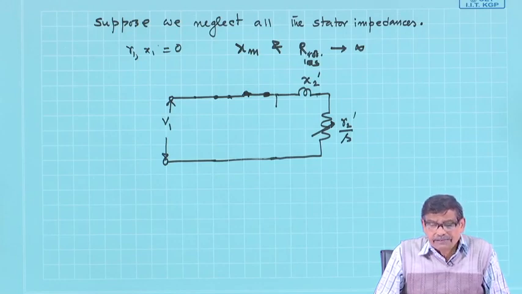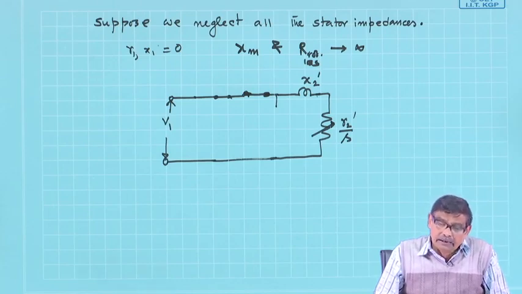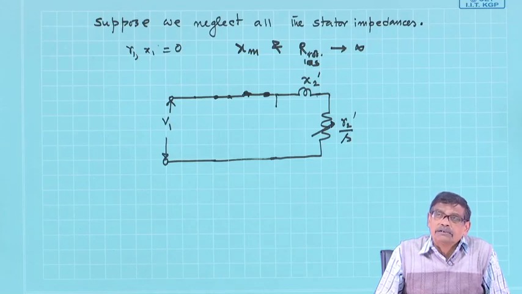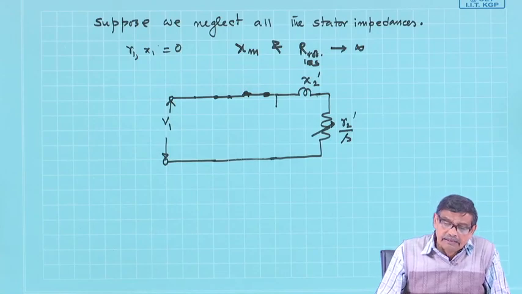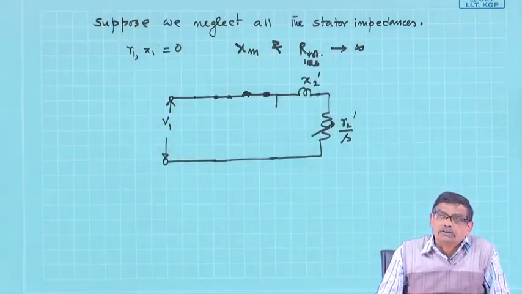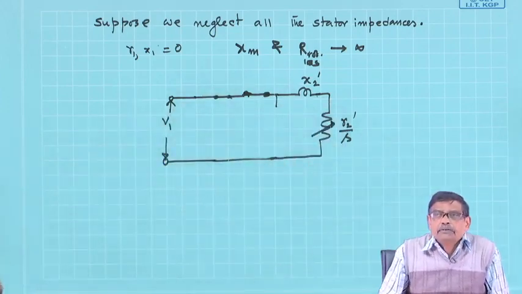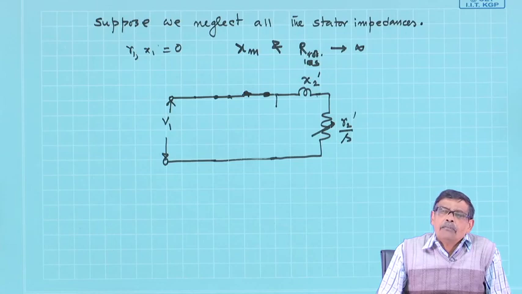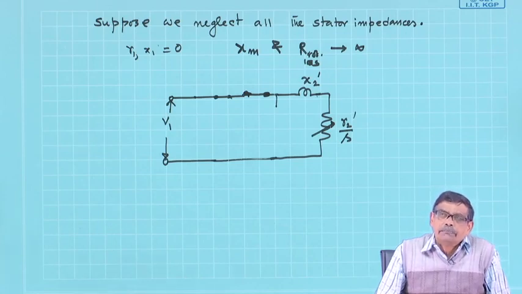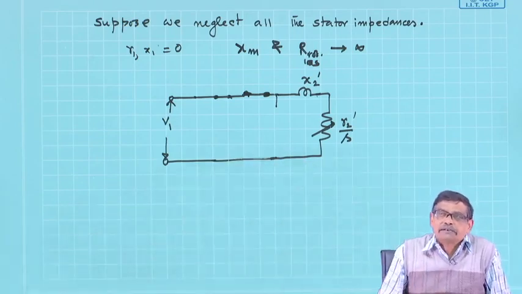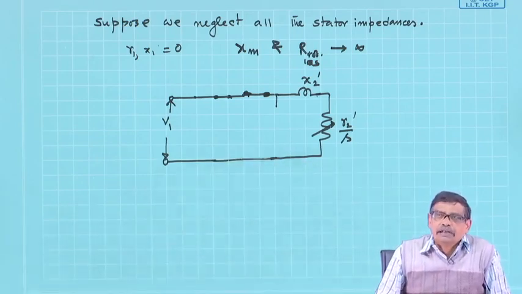Similarly, try to make Xm and R rotational high in order to reduce the magnetizing current as well as the core loss and frictional loss, try to make it as small as possible, means this parallel branch is also high. And with this try to find out how much torque is produced, at what slip the machine produces that torque, etc., torque slip characteristics. Very quickly I can do that.